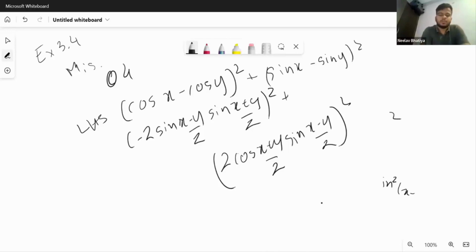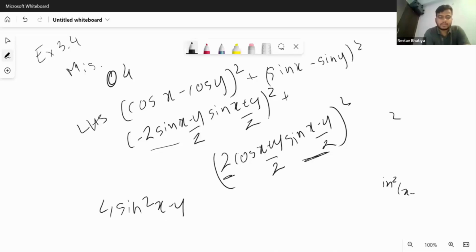Now squaring these two terms up, I'll get 4 times sine square (x minus y) by 2 as common itself in the same step. Because this right here and this right here is the same, right? So I'll take that common and see what I get inside.